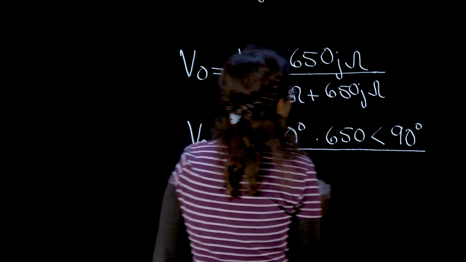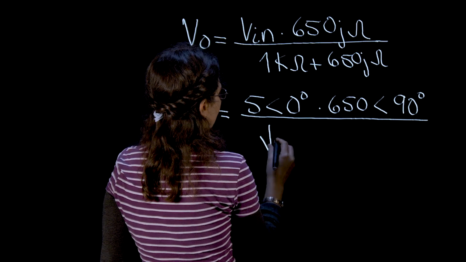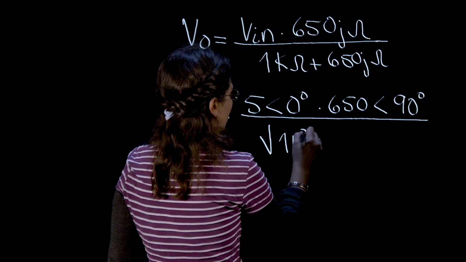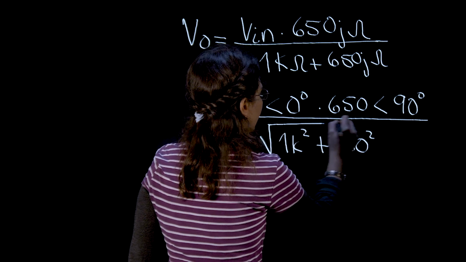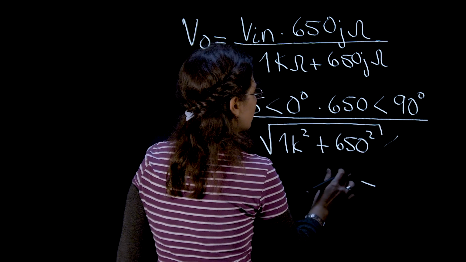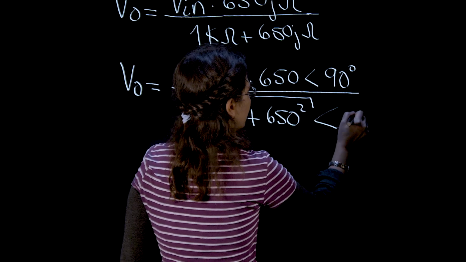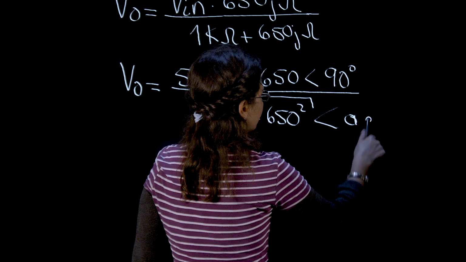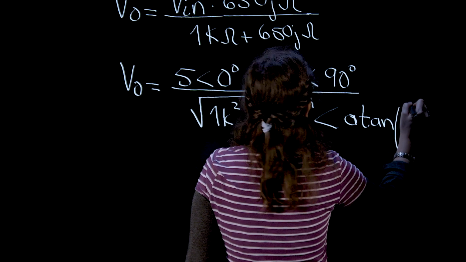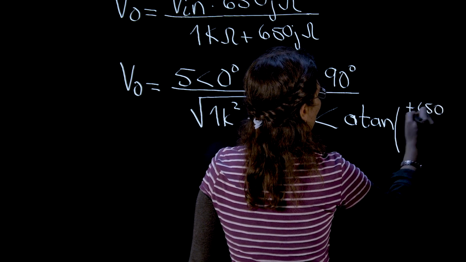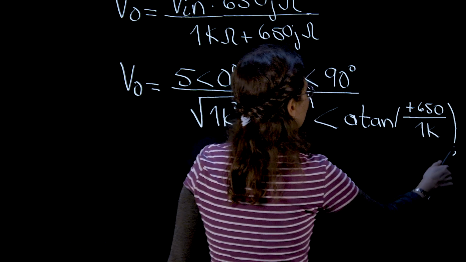And here, I'm going to have the magnitude. So my magnitude would be the square root of 1K squared plus 650 squared. And again, the angle of this is going to be the inverse tangent of my imaginary part, which is plus 650 over 1K.